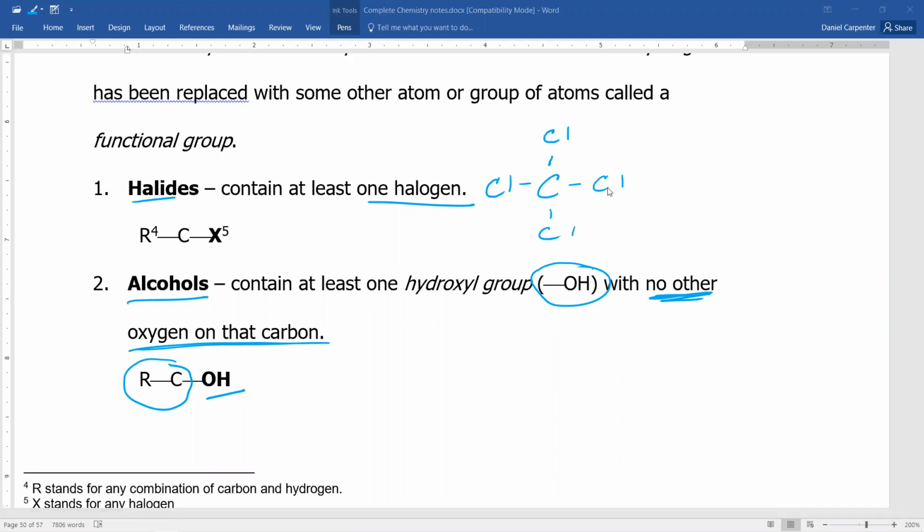They do not use carbon tetrachloride anymore. I can't remember. It either was discovered to be a carcinogen, which means cause cancer, or it was discovered to be an ozone eater, or both. But it's at least one. It can be more than one halogen in the halide.